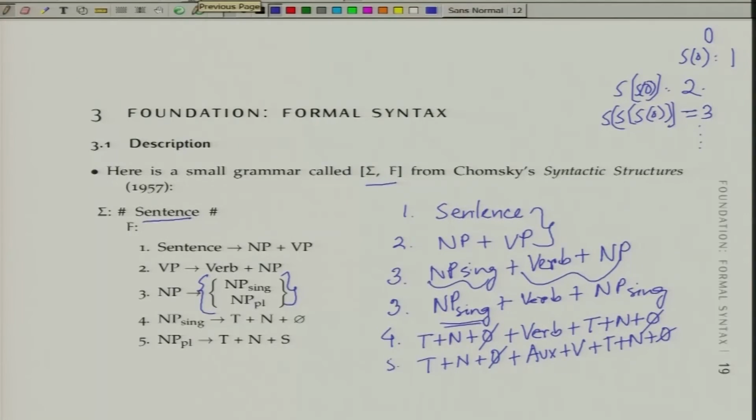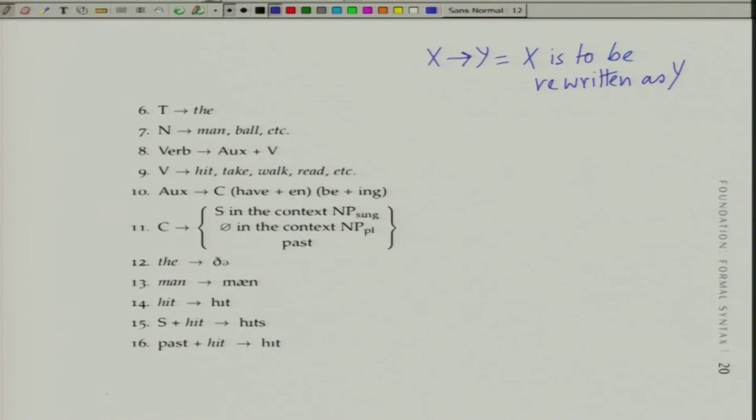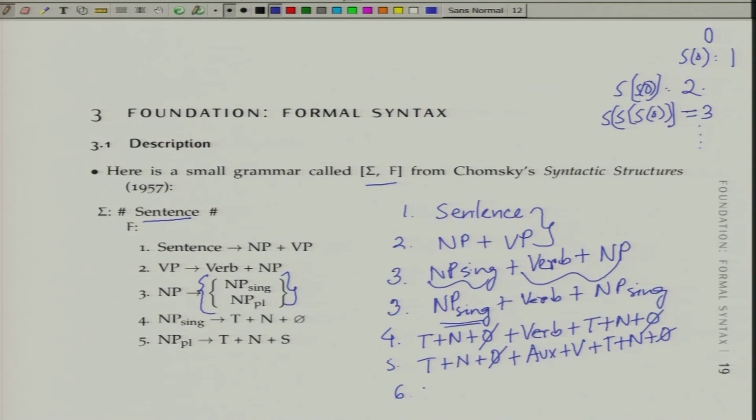So the next step is this. Now we have to go for T, N and aux, V, T, N and all that stuff. As far as T is concerned, we don't have any other option, because we can see that T goes to just one thing, the. We just write the.